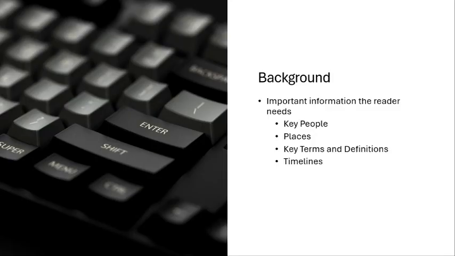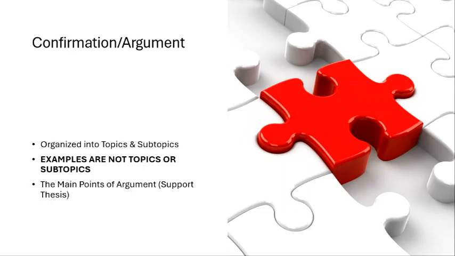Key terms and definitions. If your subject has terminology or words or concepts that are not common to other areas, explain them. That is what the background is for, to provide the context for your reader, for your audience. So, hopefully my Pokemon conversation helped with that.